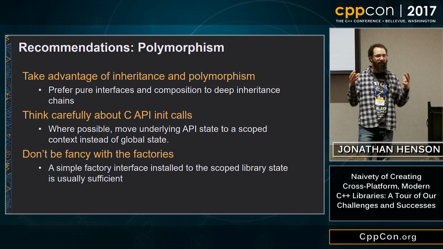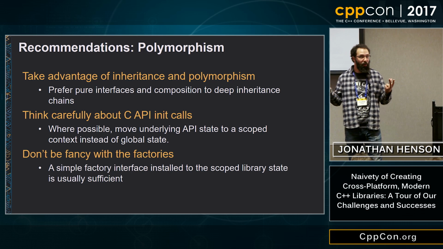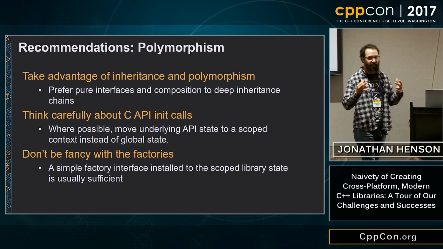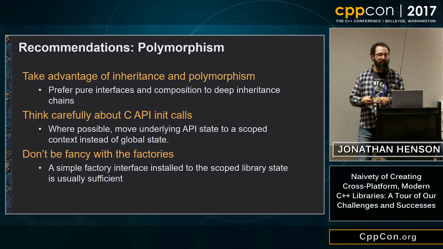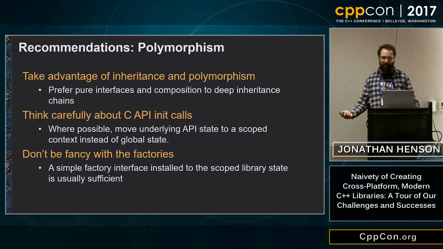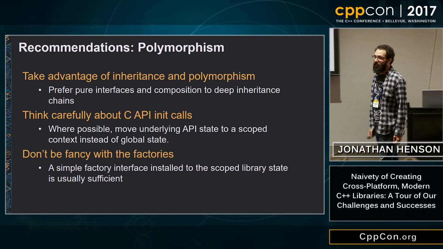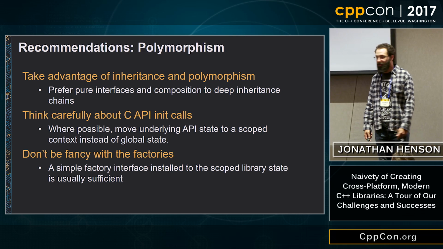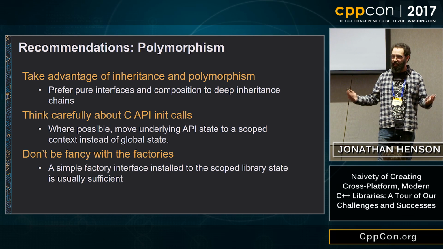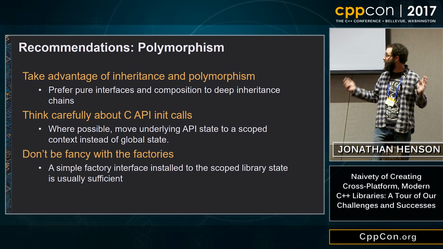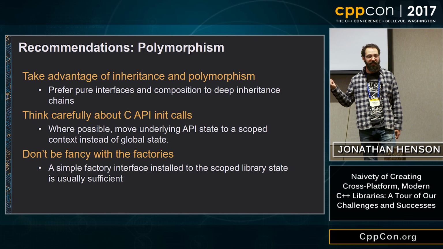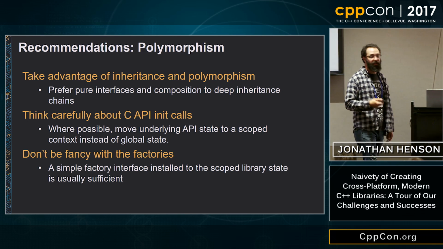Ideally, you could encapsulate that into a library handle or some sort of state that is per instance of the library. That's not always possible, but think through if you can do that. Don't get fancy with your factories. They don't need complicated abstract factory hierarchies and multiple inheritance or whatever weird things people do with factories. You can just take a function pointer and use it.